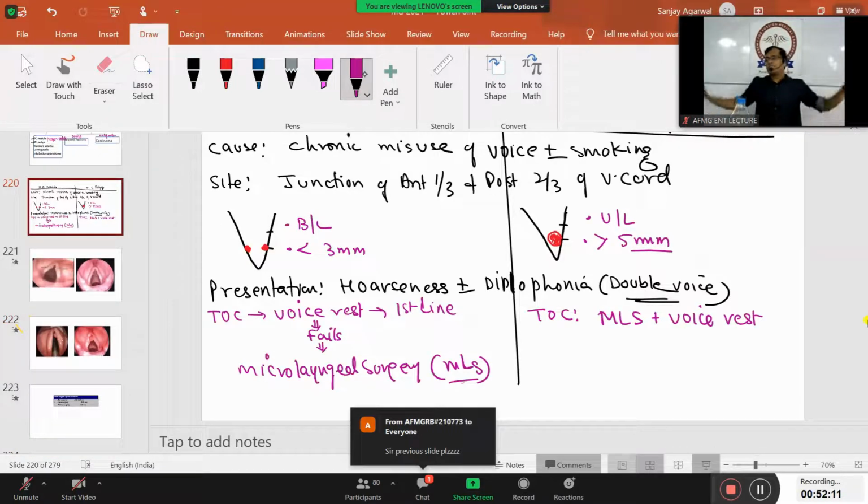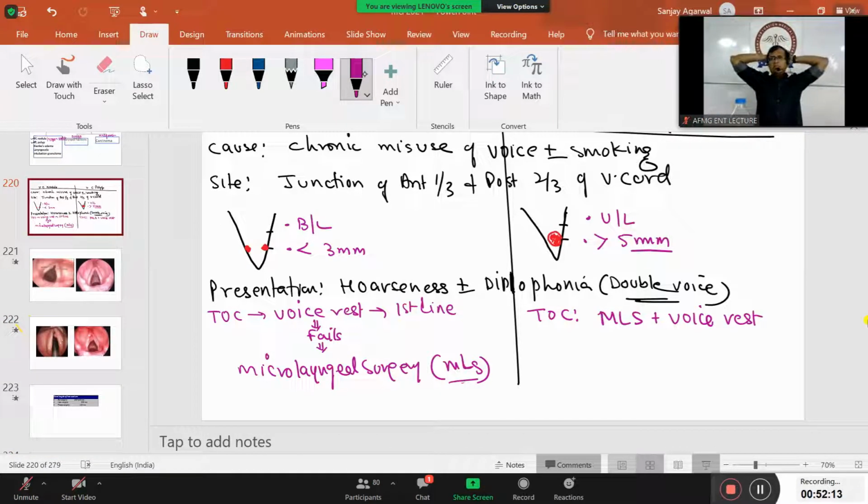The causes of Reinke's edema are talkative smoker female. Smoking and talkative females. Females who talk a lot and smoke at the same time tend to have Reinke's edema. And hypothyroidism can also cause Reinke's edema. Hypothyroidism, I'm sure you know, can cause any edema, so it can cause Reinke's edema also.